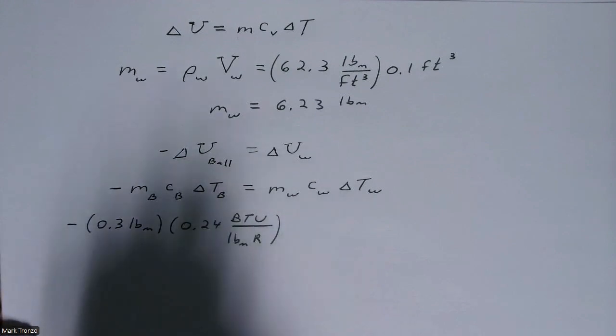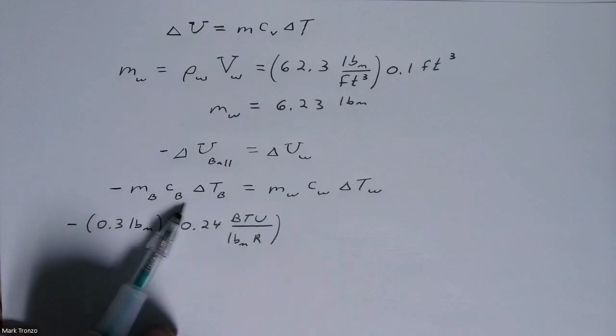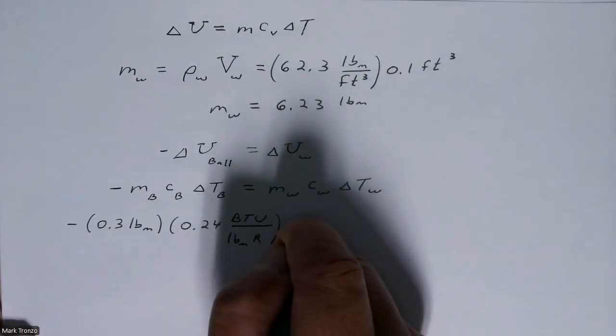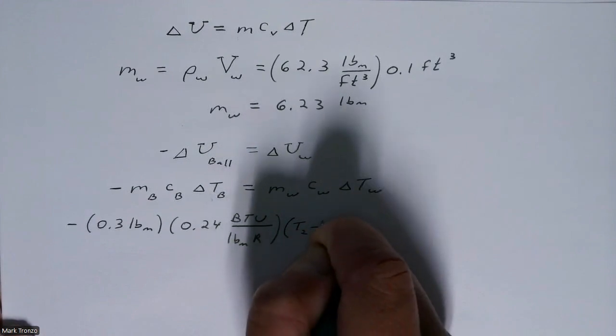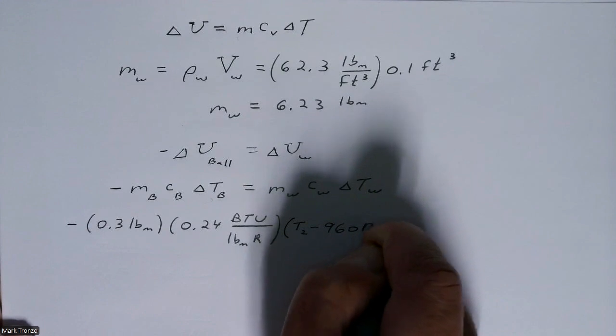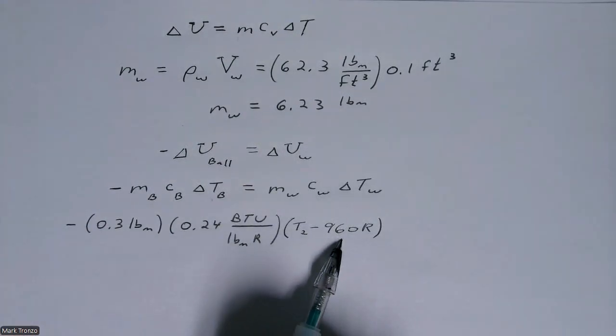When you look in the back of the books, it might have an F here, an R, but it's always being multiplied by differences, so it's going to be the same no matter what you're using. I'm going to convert, though, the original temperature to Rankine. So I added 460 to our 500 degrees of the aluminum.